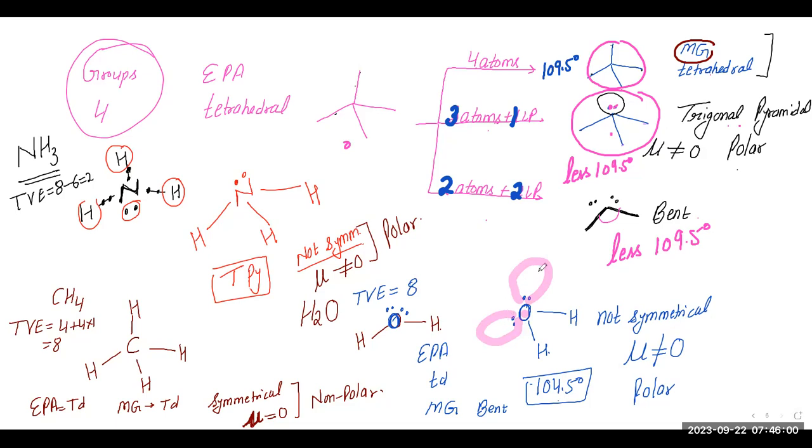Lone pairs are attracted by 1 atom, so they have less attraction on them. Less attraction means they can cause more repulsion. More repulsion means they would like to occupy more space. They spread out more. When they spread out more, they push the bond pairs closer.